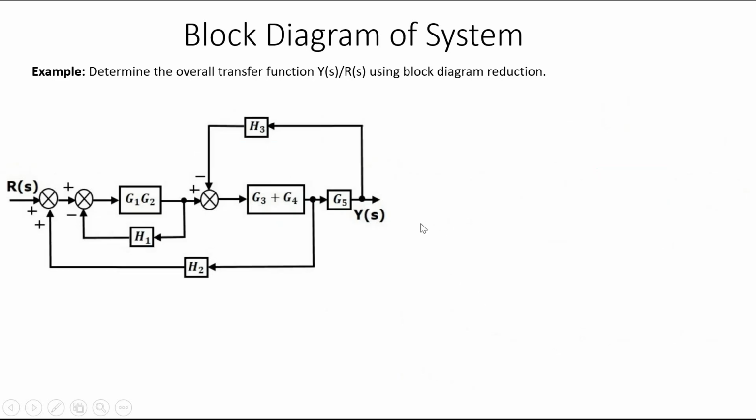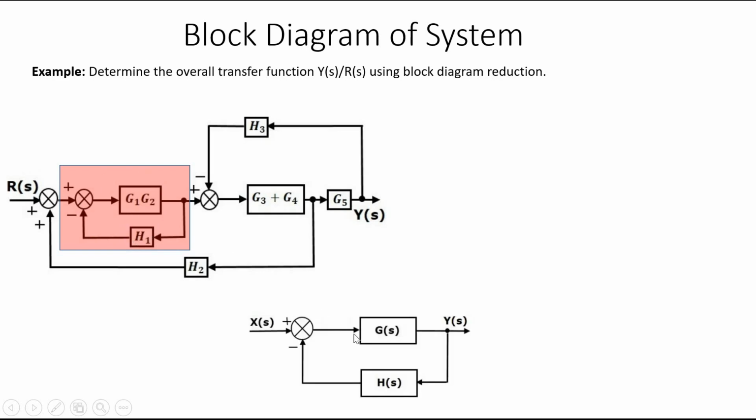And again now this is one. So next one is this one. It is a simple feedback loop, similar to this one, plus here and minus here, so it is a negative feedback. Instead of G(s) it is G1 G2, and instead of H(s) it is H1.